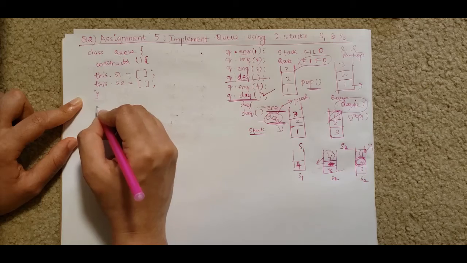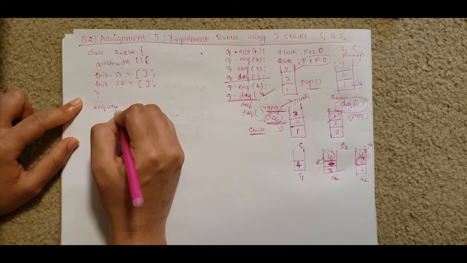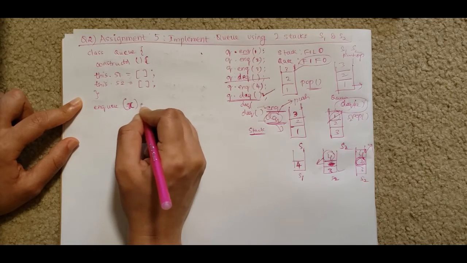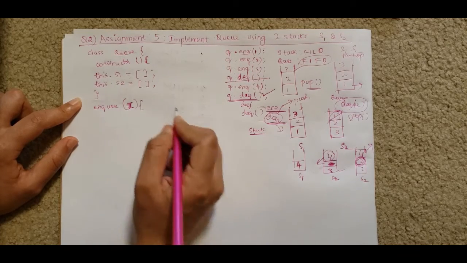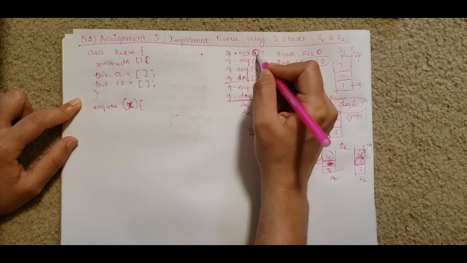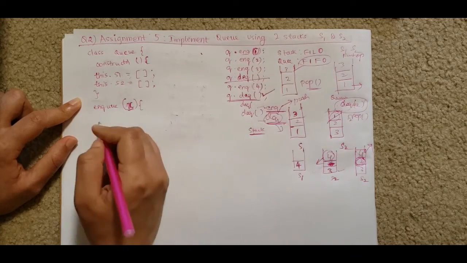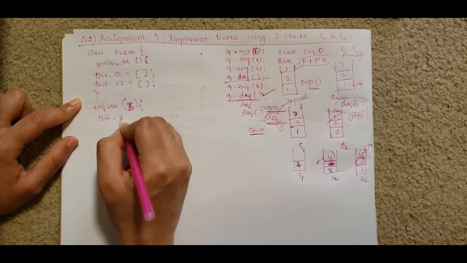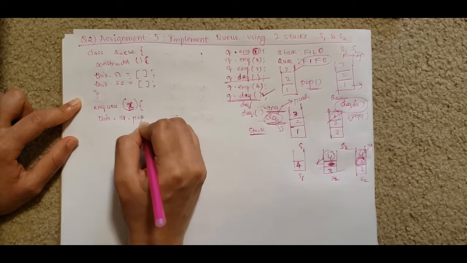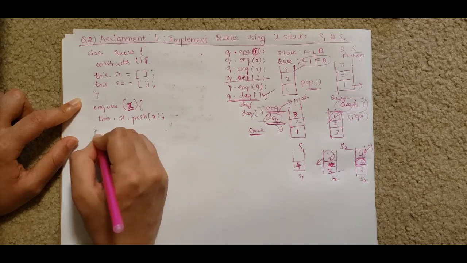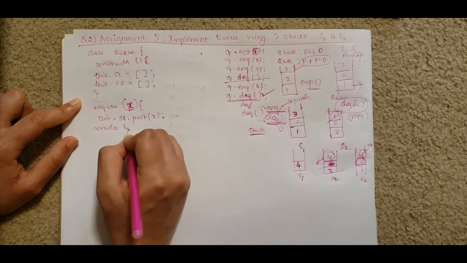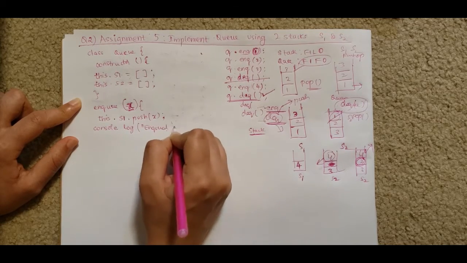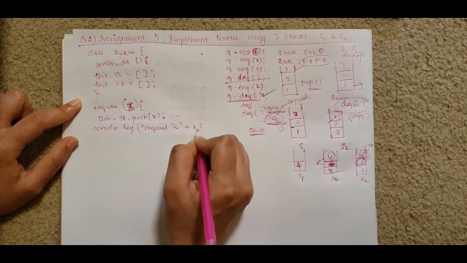So we'll define these two. First enqueue, we'll take x as parameter. When we enqueue, this is the argument, right? So that is taken as parameter here. Then we'll push to s1. Okay, and let's print it: console log enqueued element is x.